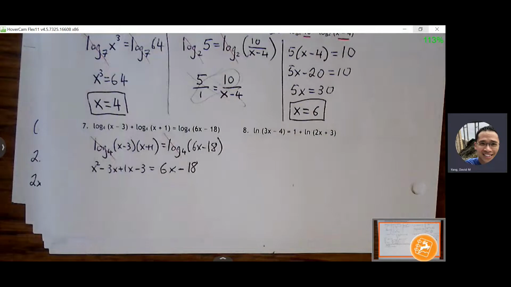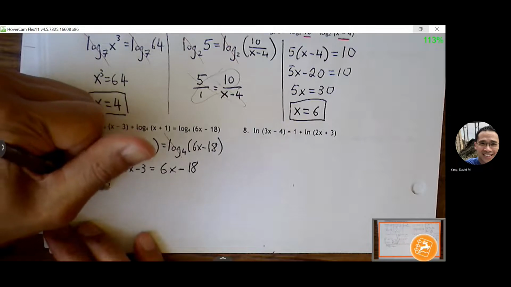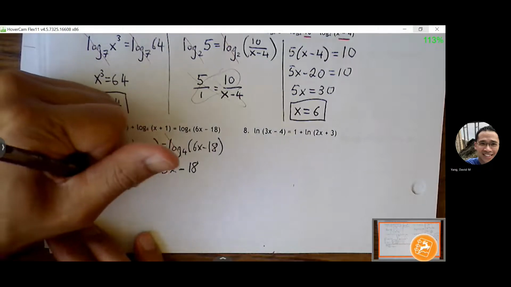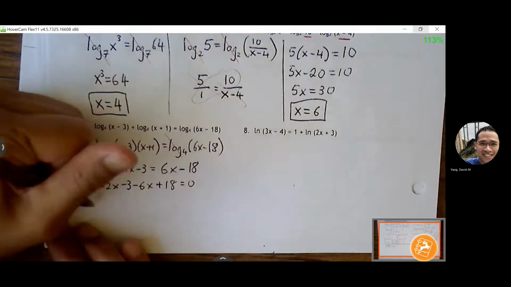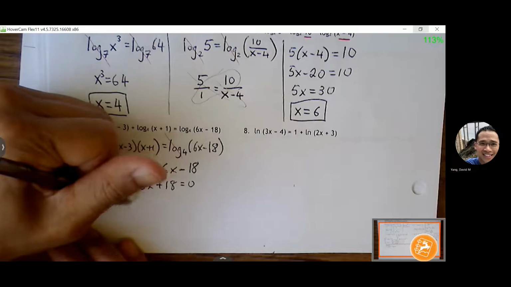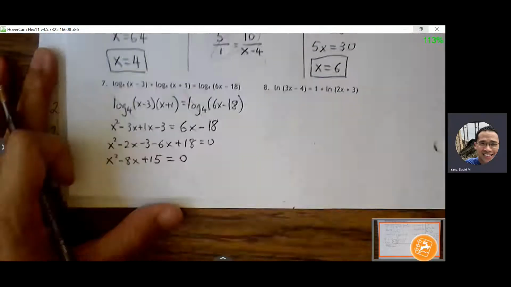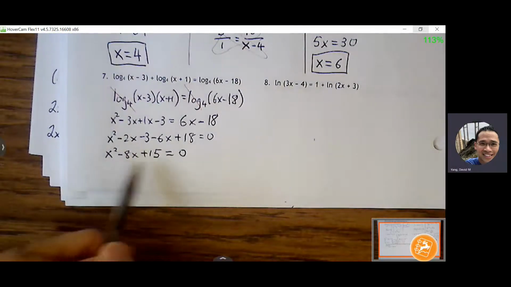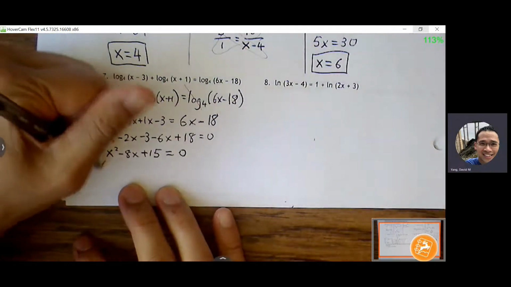What if I just bring everything over to one side and try to solve for x that way? This is factorable. Multiplies to be 15, adds to be -8.